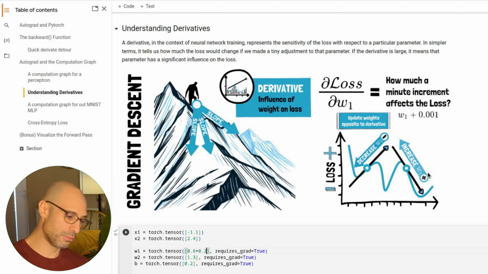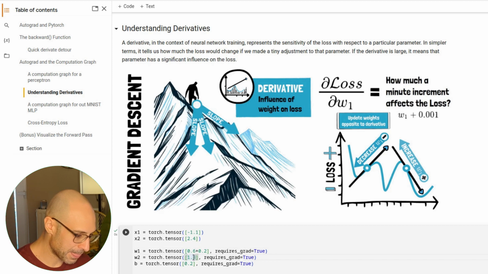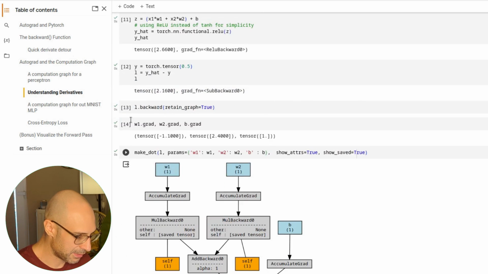Obviously, we do the contrary of what I have just done. So what we want to do, for every parameter, we want to update that parameter in the opposite direction of the derivative. So in this case here, I want to subtract a small number from here because I want the loss to go down. In this case, I want to add a number because it's negative.